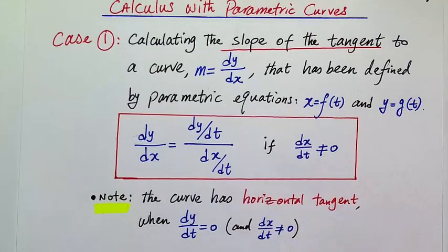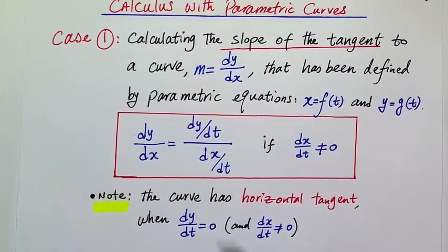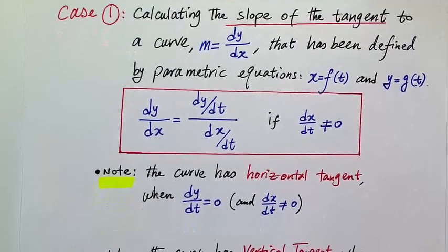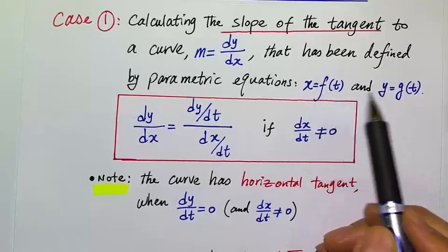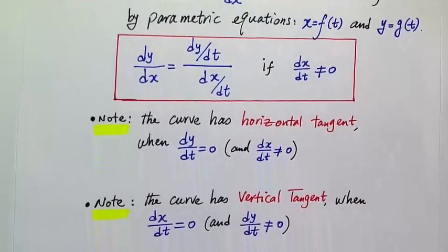Of course, this being calculus, we don't always deal with linear equations. We have a lot of nonlinear curves where we will have to apply calculus methods. And this will apply only when we have x and y given to us in terms of a third variable. So we will apply that.